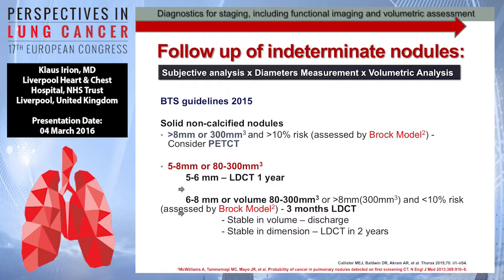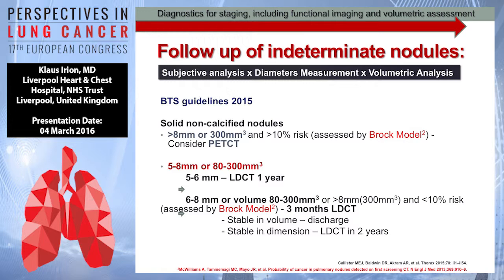The non-solid nodules are much more complicated, much more debatable in many things that you do. And for those, I would recommend you go to the guidelines of the BTS or other guidelines from your countries to identify the best approach for part-solid or subsolid nodules.